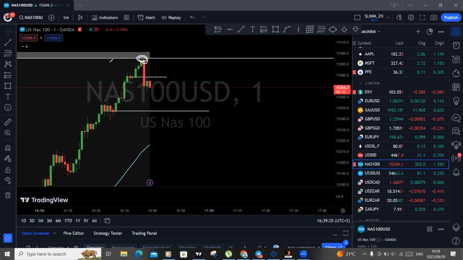So we're going to have our first sell on Nasdaq right now based on the break and retest of that structure. Okay, so we've got one position on Nasdaq running.